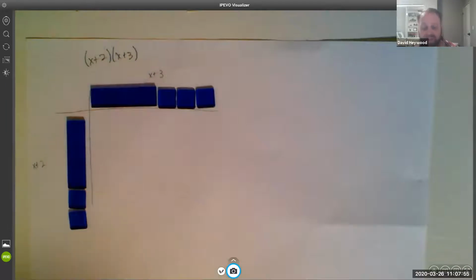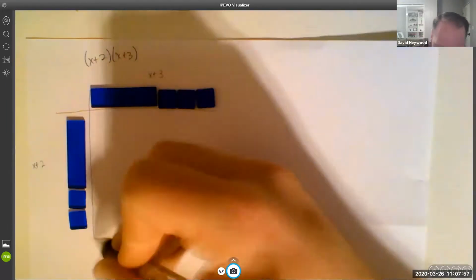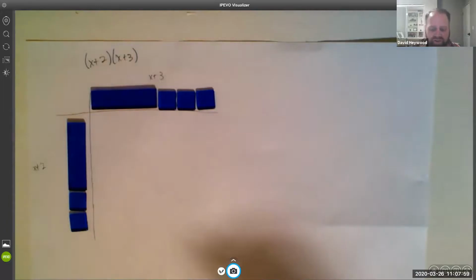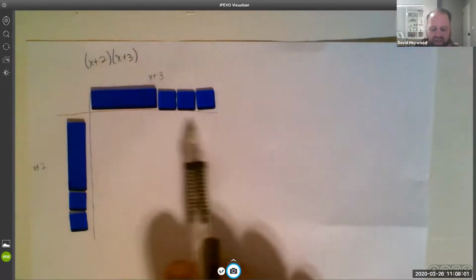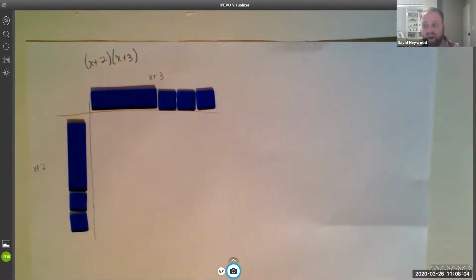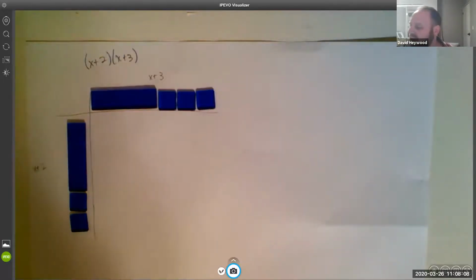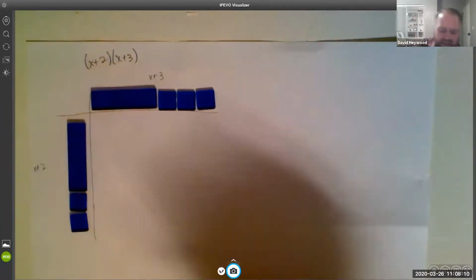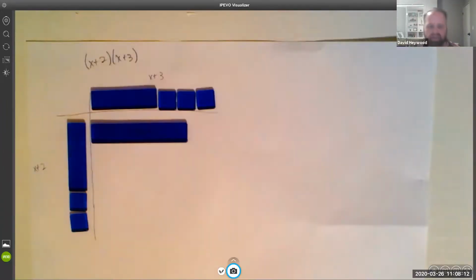I'll give you a little hint before you do that. The lines that result from the spaces in between the tiles, they have to extend all the way through the diagram. So in other words, I wouldn't put like a Y tile right here, okay?